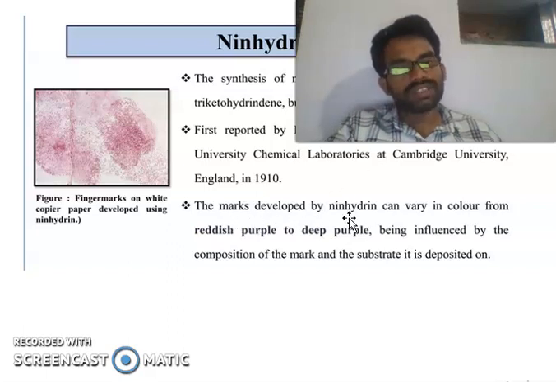You can see the marks developed by Ninhydrin vary in color from reddish purple to deep purple, influenced by the composition of the mark and the substrate it is deposited on.